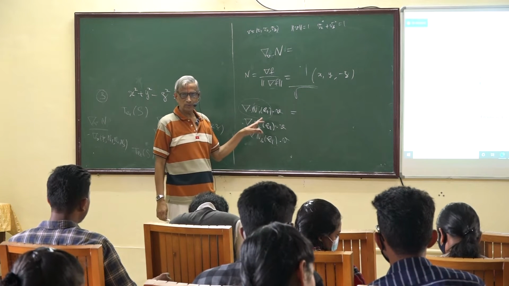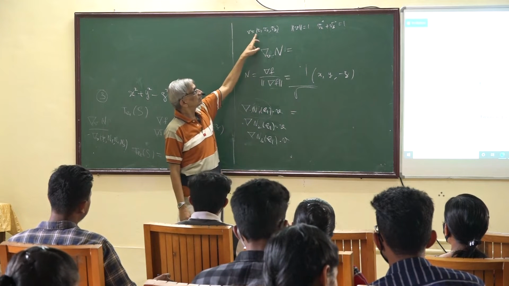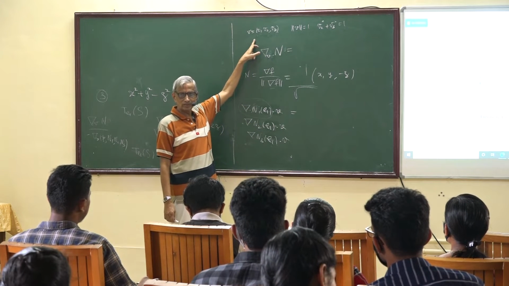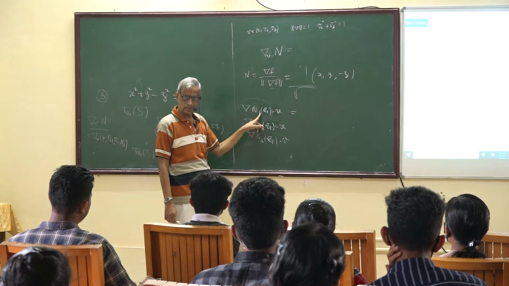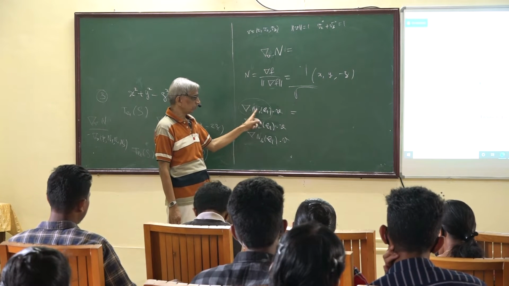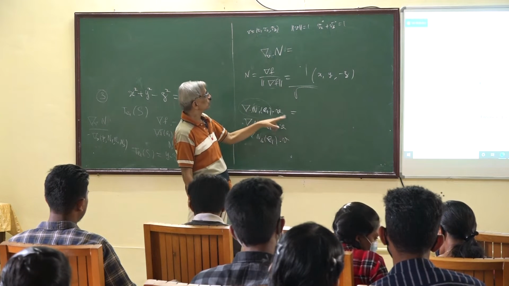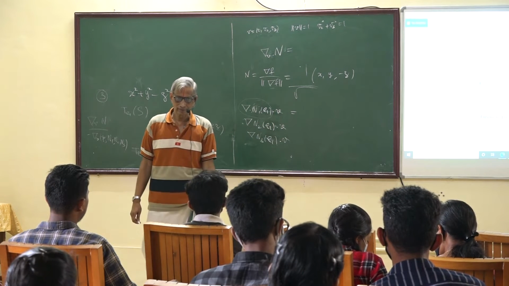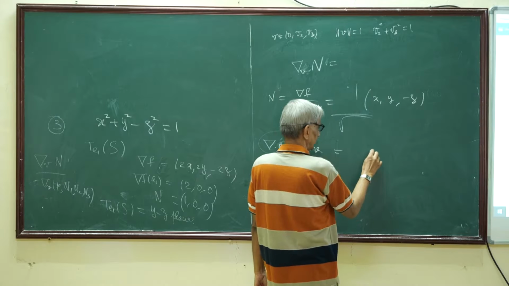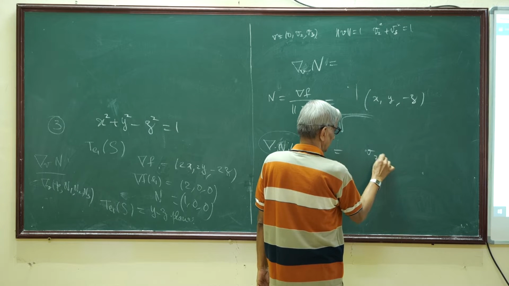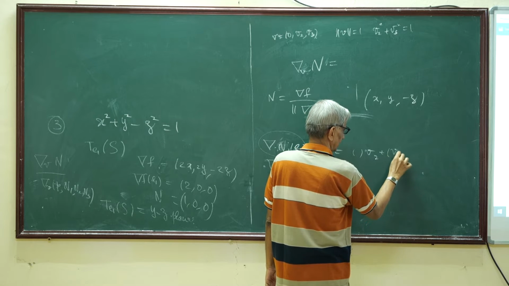You don't have to worry about the first coordinate, because when you take the dot product, that's going to vanish. So you just have to look at the second and third coordinates: the second coordinate times v2 plus the third coordinate times v3. That's all you are going to have, right? So what do you get? Something times v2 plus something times v3.